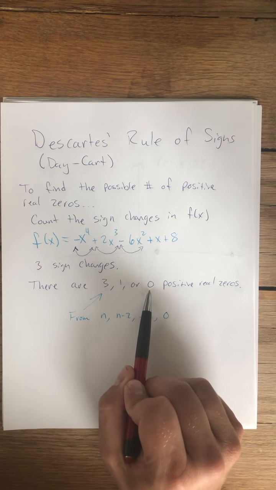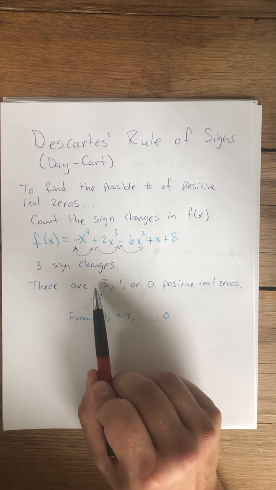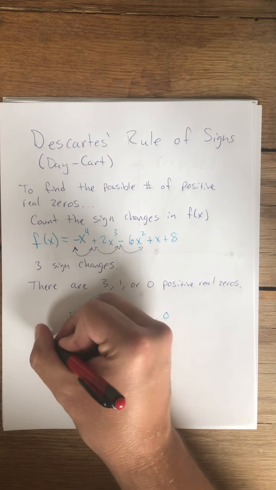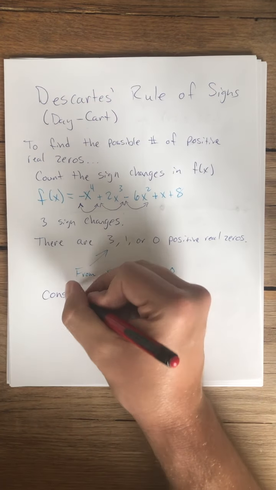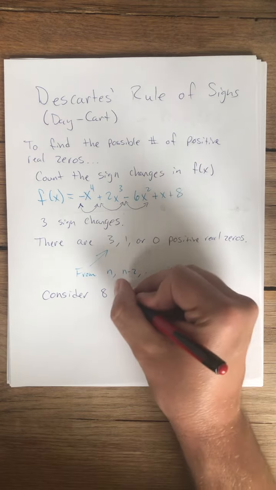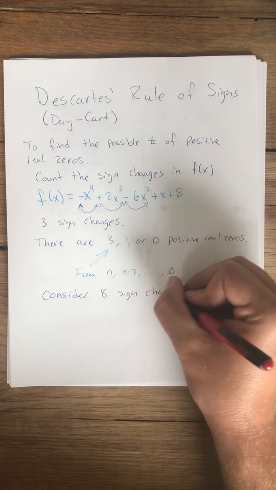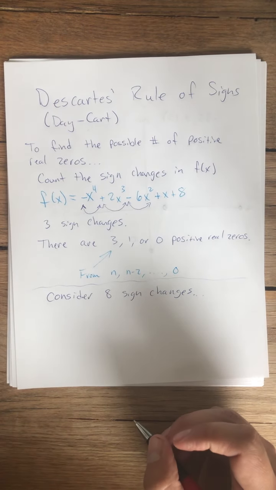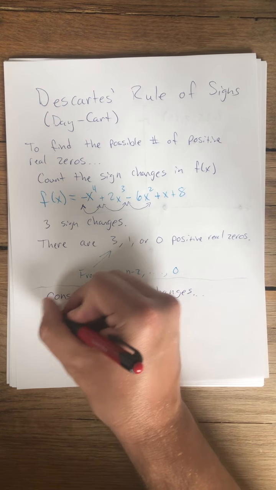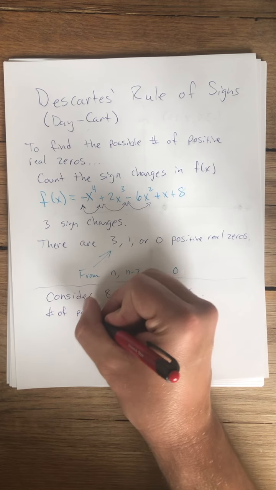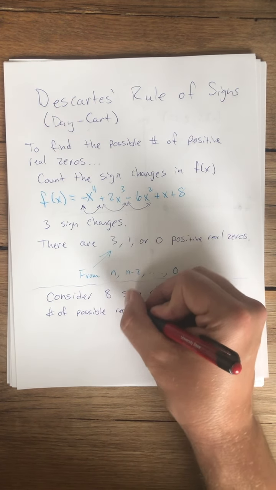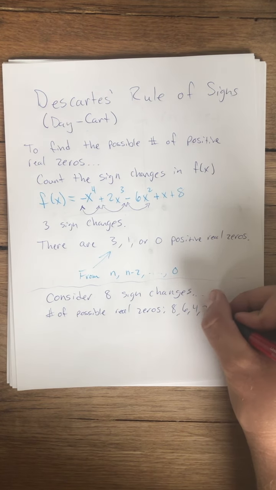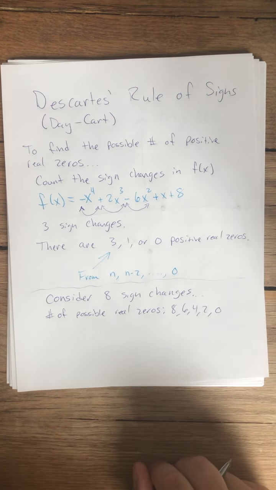And 0 is always an option. So let's say we had 8 sign changes. Let me just write this down. If we had 8 sign changes, the number of possible real zeros are 8, 6, 4, 2, and 0.